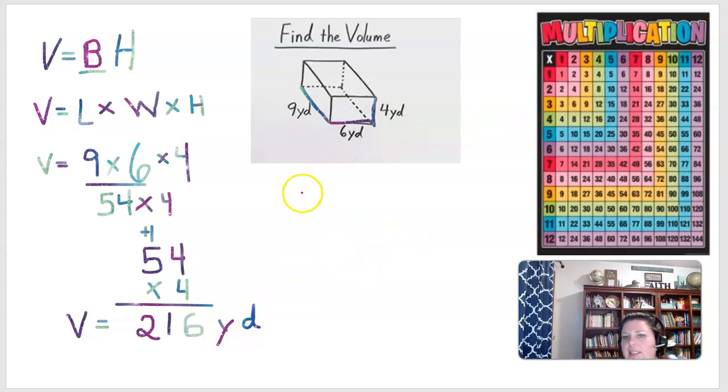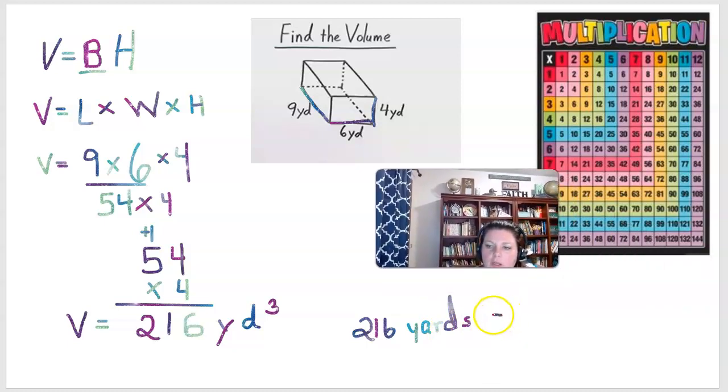And since this is measured in cubic units and it's a 3D figure, we're going to measure this in yards cubed. Or we could also write this as 216 yards cubed.